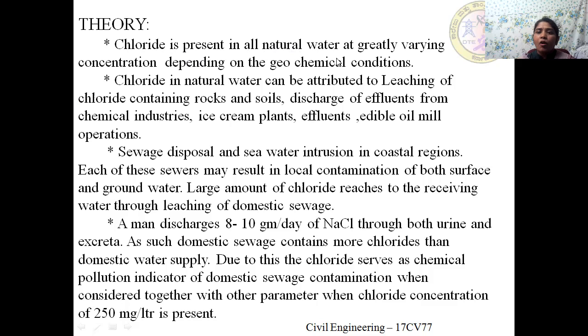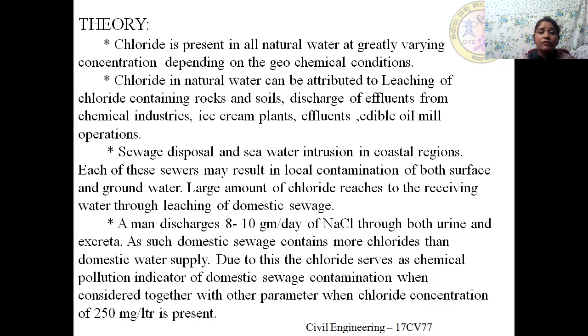Chloride is present in all natural waters at greatly varying concentrations depending on the geochemical conditions. At the same time, chloride is added to any natural water due to the leaching of chloride containing rocks and chloride containing soils. So this is one of the natural contributions of chloride to any water body.